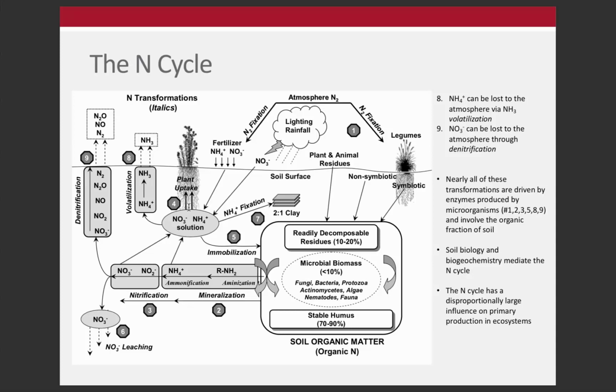Moving on, 8 is this idea of volatilization. Volatilization is an atmospheric loss when NH4 gets converted to NH3, from ammonium to ammonia, at the soil surface, or through macropores into the air spaces in soil, and can get lost through the atmosphere as NH3.